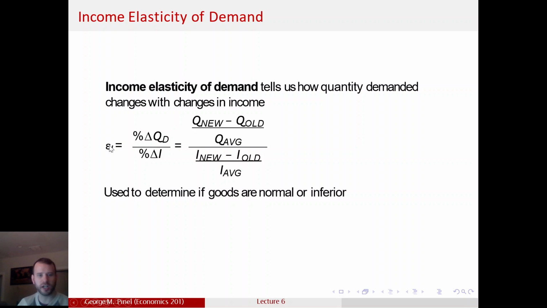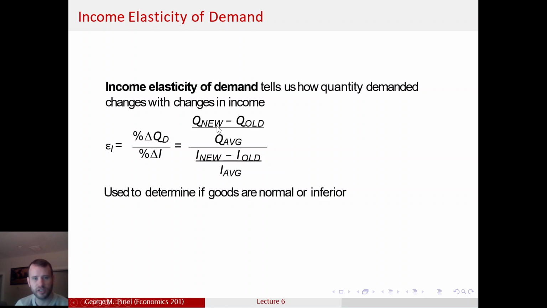If your income elasticity of demand is greater than 0, that means that as your income increases, your quantity demanded increases. What kind of good is that? That's a normal good. A normal good is a good for which when income increases, quantity demanded increases. Likewise, if your income elasticity of demand is less than 0, that means as income increases, the denominator is greater than 0, but the numerator must be less than 0.